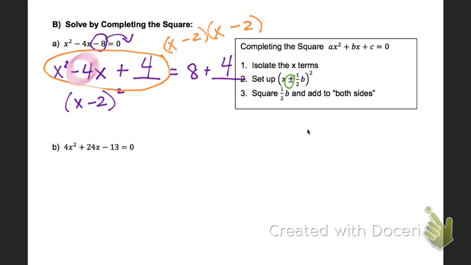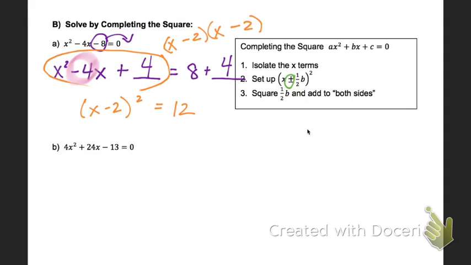X minus 2 squared. So what you're doing by completing the square is you're creating a perfect square to then factor it. But whatever I add to the left side, I also have to add to the right side. So when I factor it, I get x minus 2 squared equals 12.